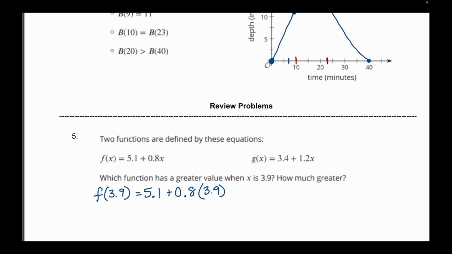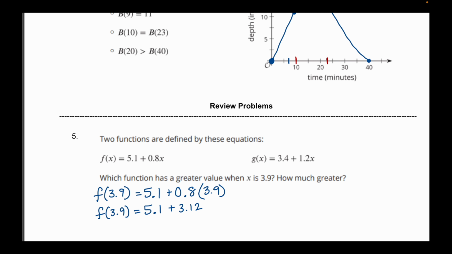Now, it's implied that this is multiplication here, so that's actually what I'm going to do. I'm going to do 0.8 times 3.9, and I'm just doing this on a calculator. So it's perfectly acceptable to use a calculator for this point. And so 5.1 is going to stay the same, but that multiplication comes out to 3.12.